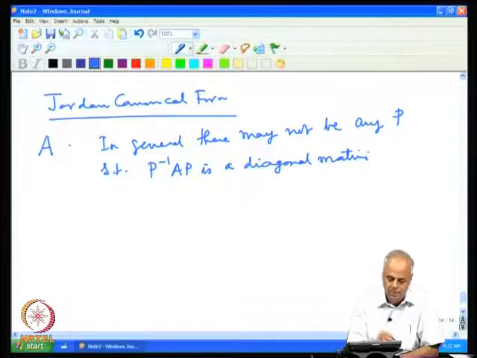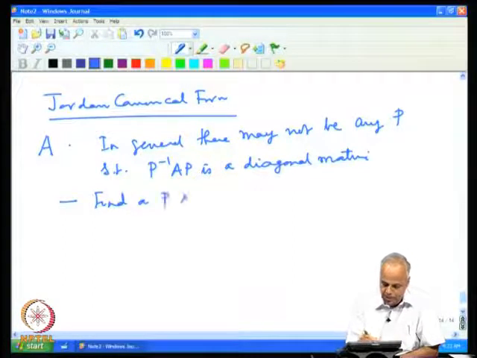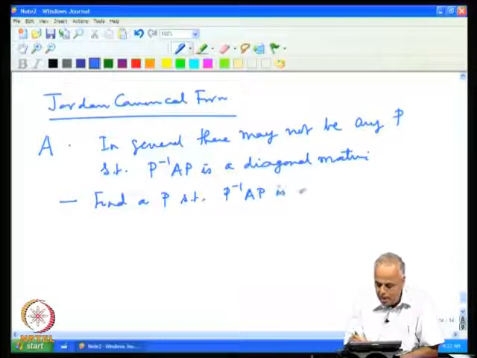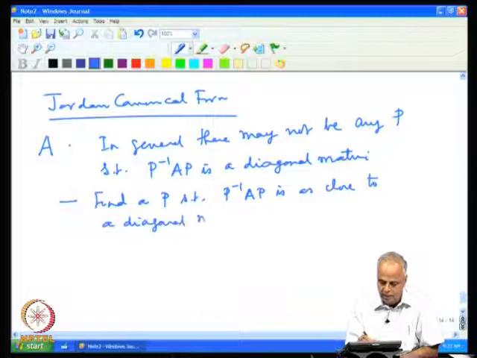So, what do we do? We would try to find a P such that P inverse A P is as close to a diagonal matrix as possible.